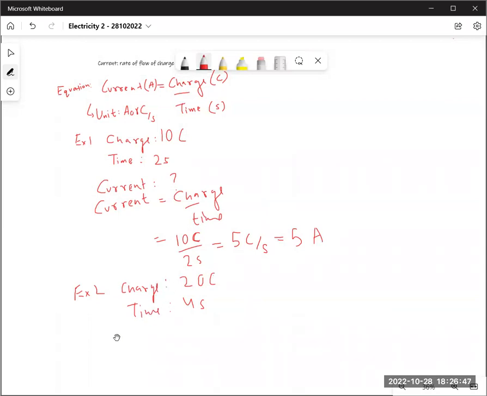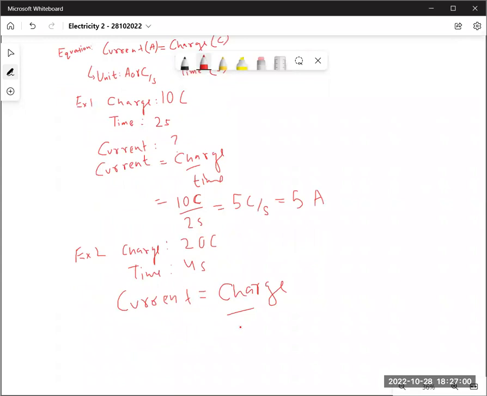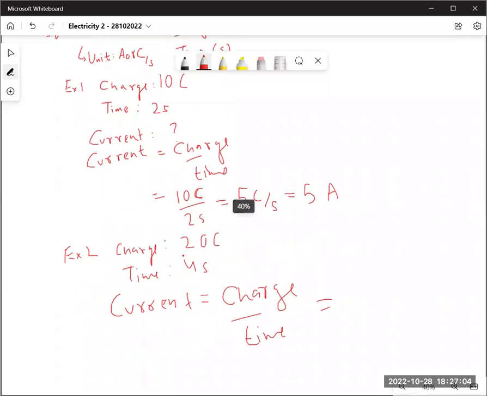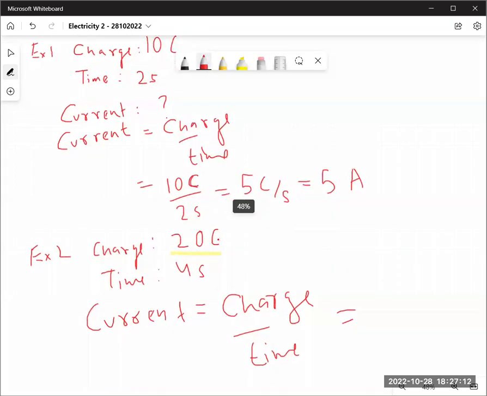Now charge is this much, time is this much. What is the current? Now I know that current is charge over time, right? So tell me, how do I solve this? It's going to be charge over time. And what is the charge given in the question? Charge is 20. What is the C?